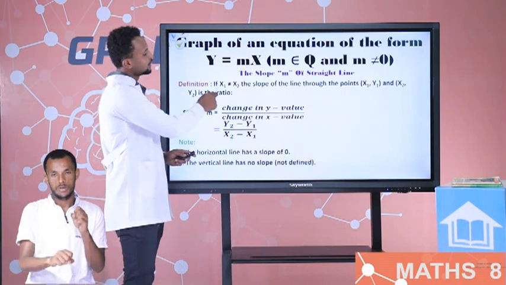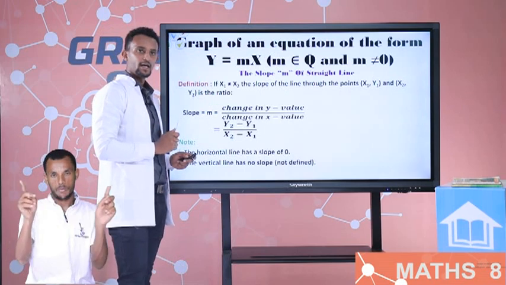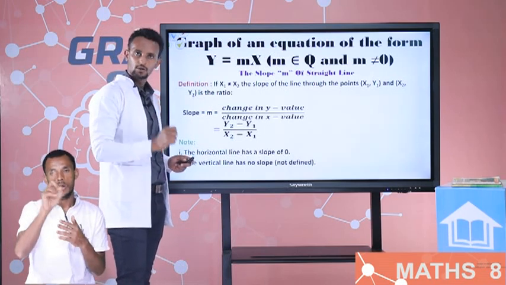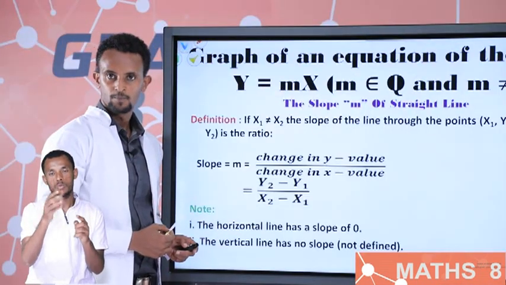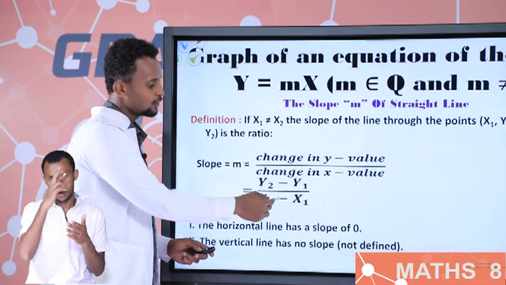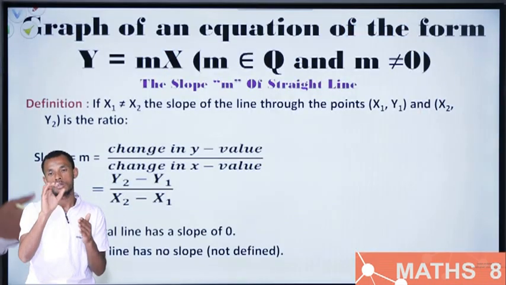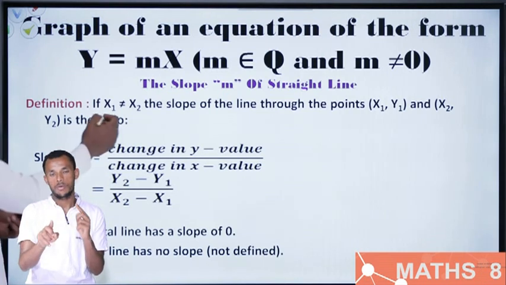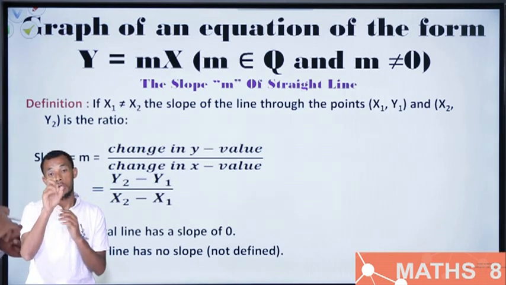So at the beginning of the definition, the value of x1 is different from x2, because if x1 is equal to x2, the difference of the two will be 0. If it is 0, the denominator will be 0. Therefore, that case doesn't exist if the denominator is 0. So the value of x1 always has to be different from x2.